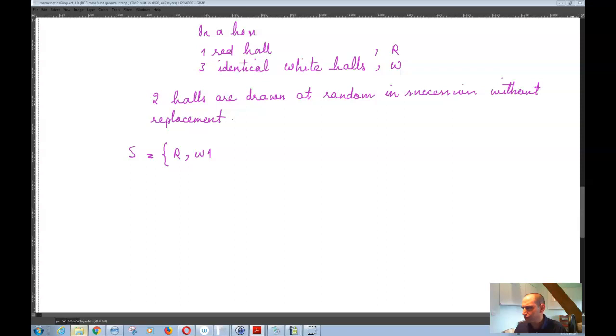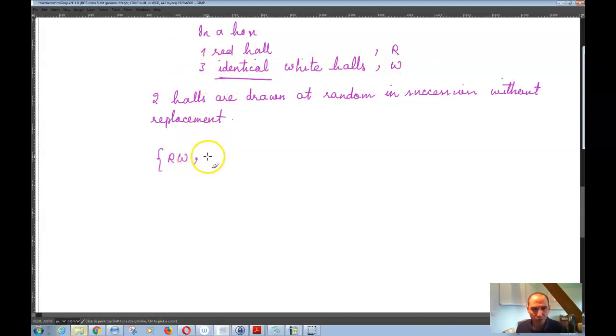So RW, W, RW, W. Okay. The way that they have solved it is that you could get the red one and then a white one, and since the whites are identical, you can denote each one of them with a W. So you don't need W1, 2, or 3.